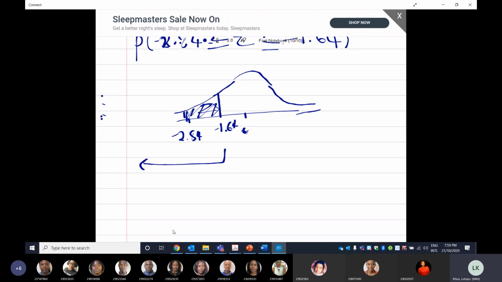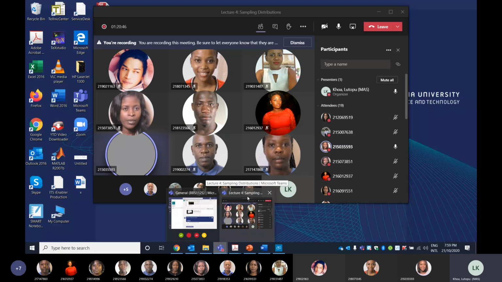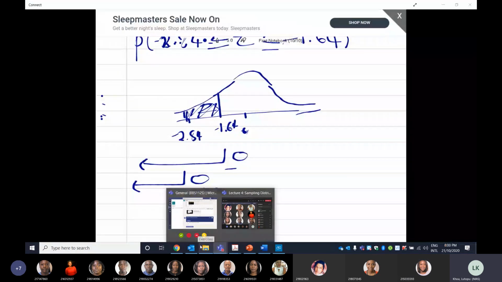Then the area from negative 2.84 is this one going that way. And this is the area that I want. So I should just say this one minus whatever I get over here. Does that make sense? Yes, ma'am.